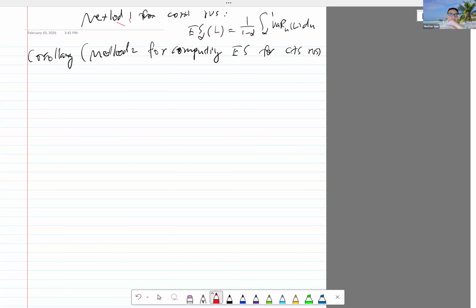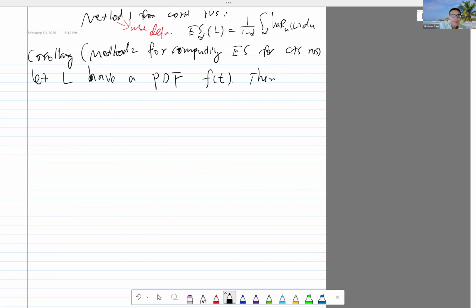Method one uses the definition. But I have a second method for computing expected shortfall for continuous random variables, which is this one. Let L have a probability density function f of t.